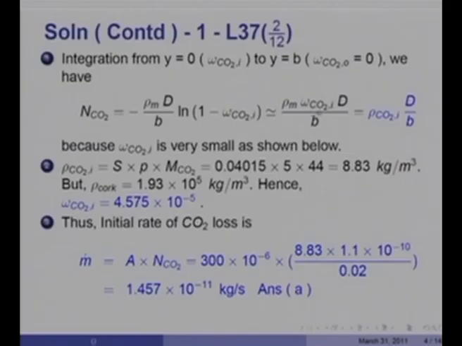And what is omega CO2 I? That is density of CO2 divided by density of the mixture of cork and CO2, and therefore, this will be rho CO2 I D by b.